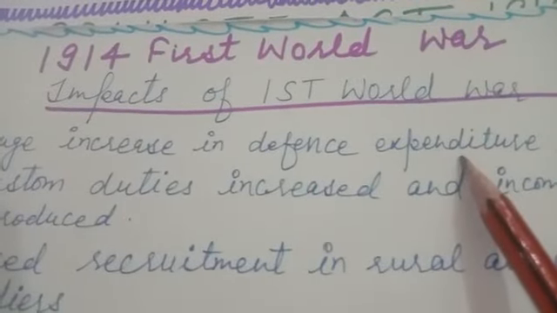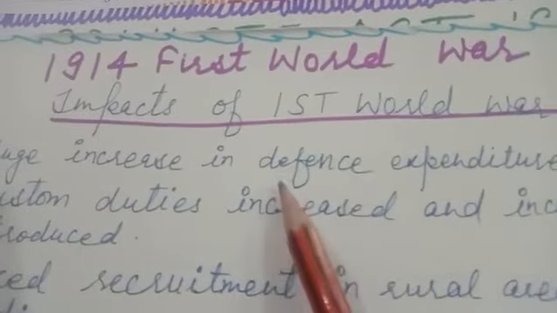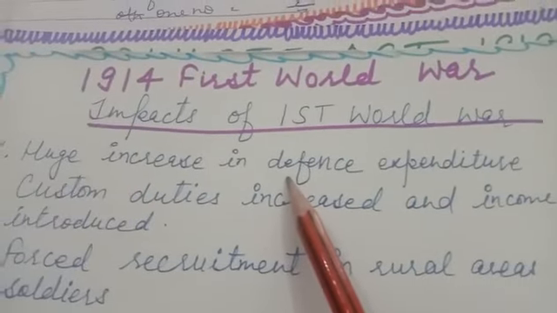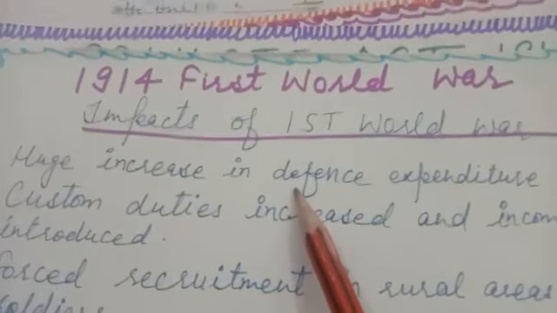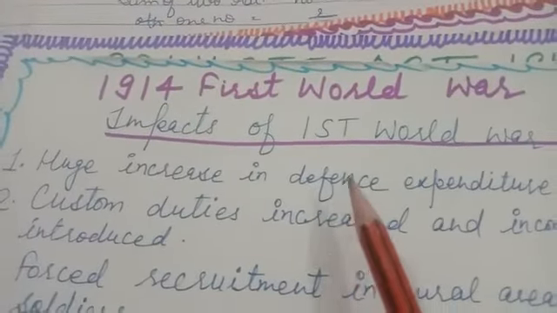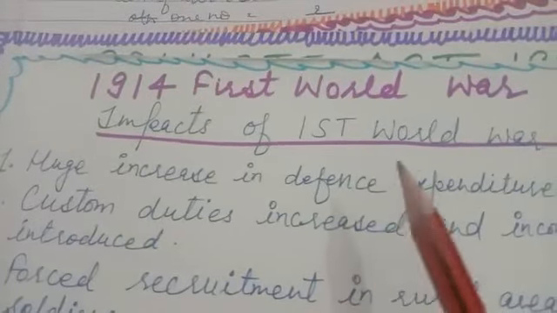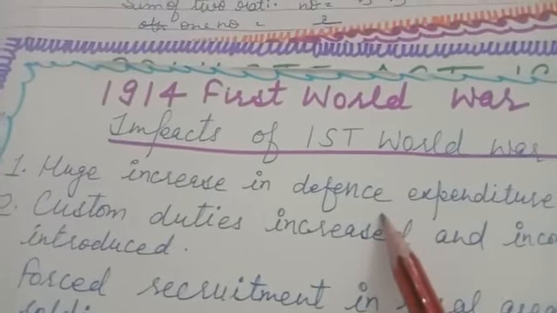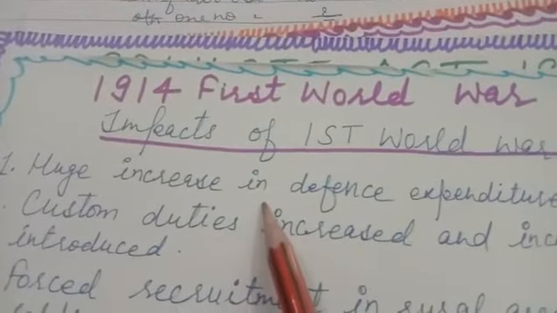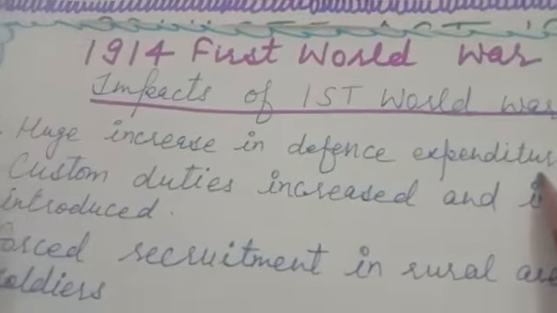Defense expenditure means lots of money was spent on defense. You all know that war itself brings lots of expenditure. War needs the supply of weapons, eatables, clothes, shoes, and other essential things. So due to this, it increased the defense expenditure in India a lot.